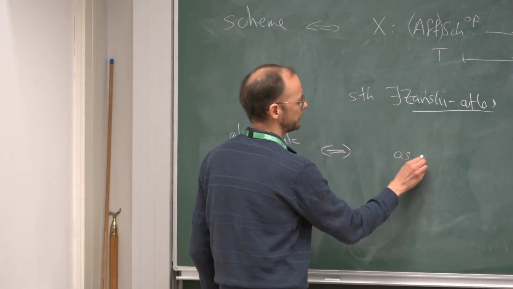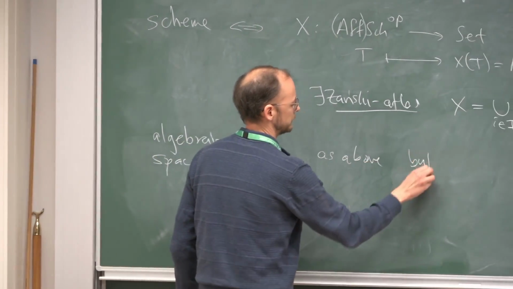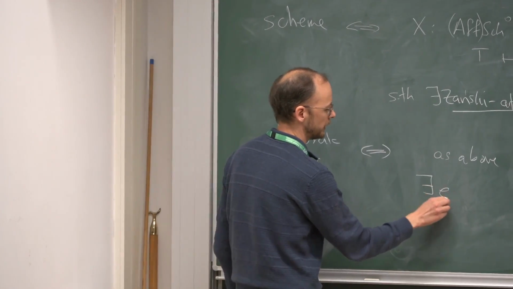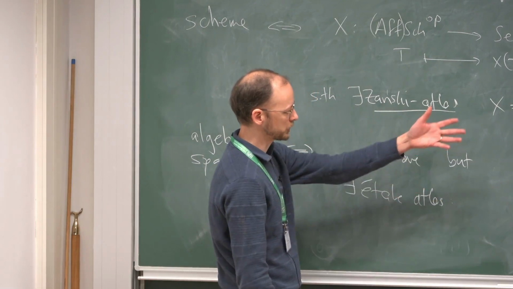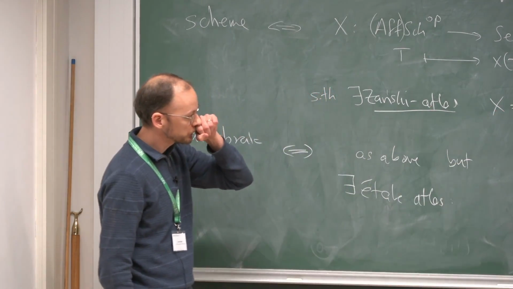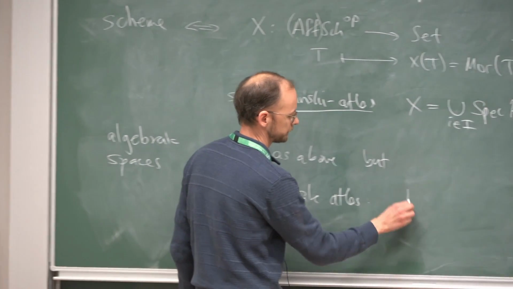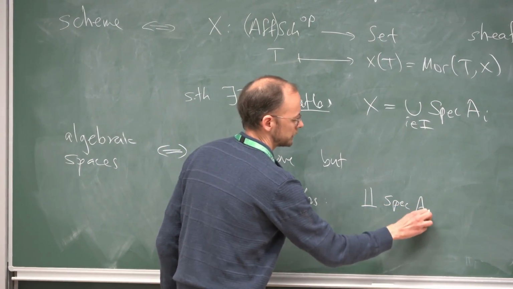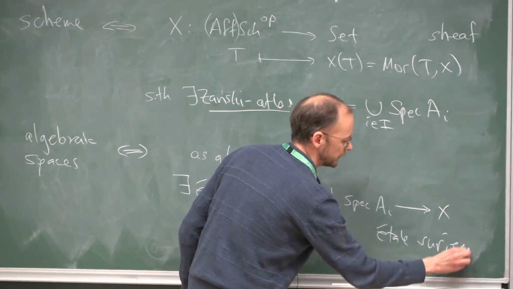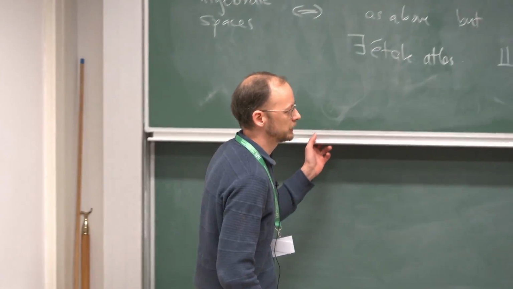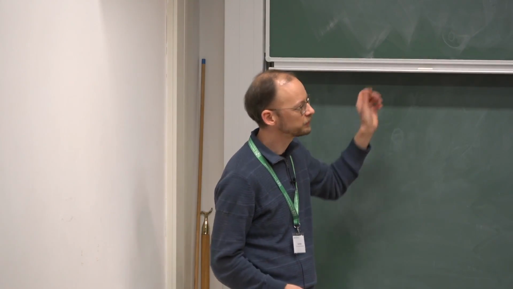So as above, but now there should exist an étale atlas, by which now this open part of the scheme is going to be in étale maps. So we have an étale surjective map. So algebraic spaces are just some kind of mild generalization of schemes. If you have never seen them, don't worry, it won't really matter, but here's the definition.